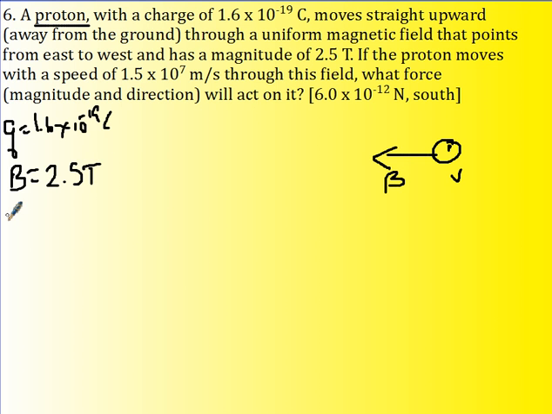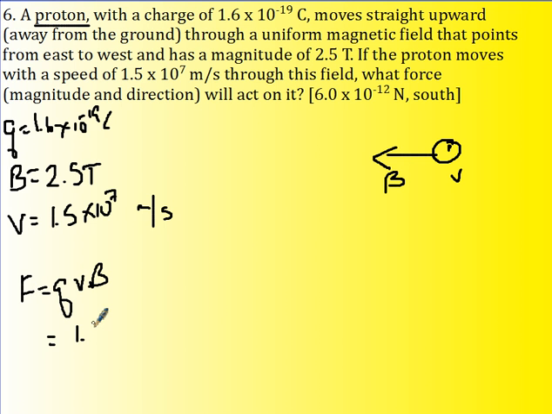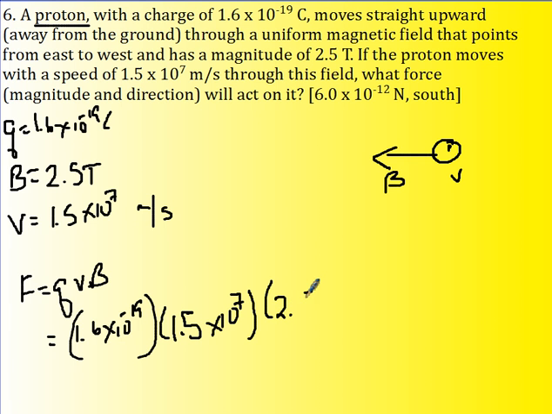If the proton moves at the speed of 1.5 times 10 to the 7th meters per second, what's the force? Well, F is QVB. So it's 1.6 times 10 to the negative 19 times V, which is 1.5 times 10 to the 7th times 2.5. So this is 6.0 times 10 to the negative 12 newtons.